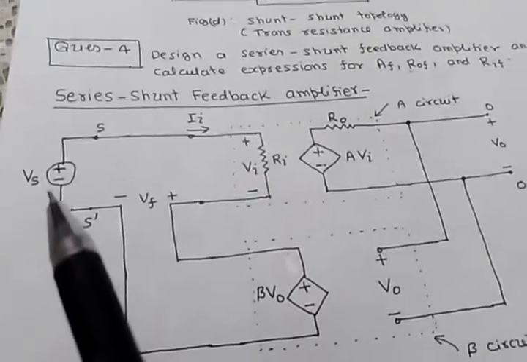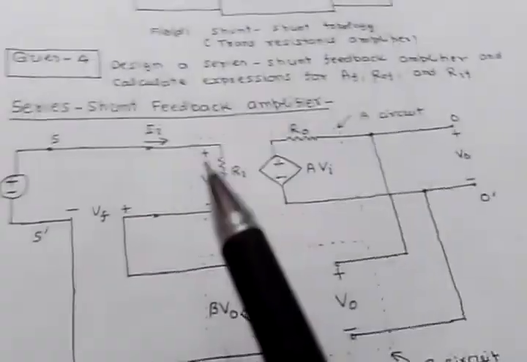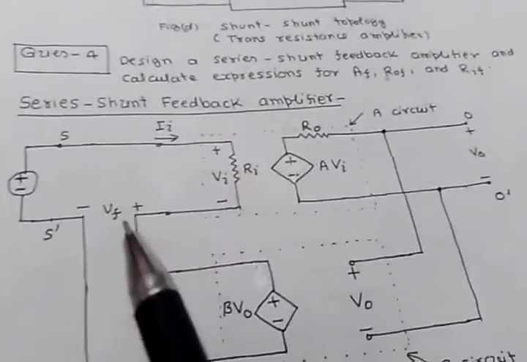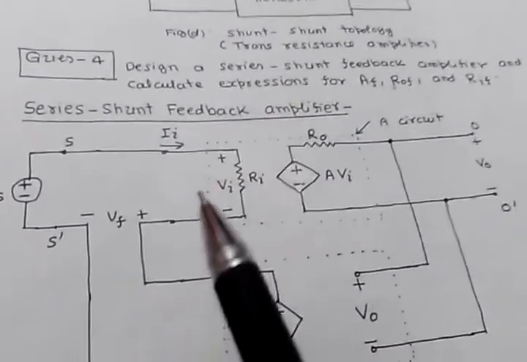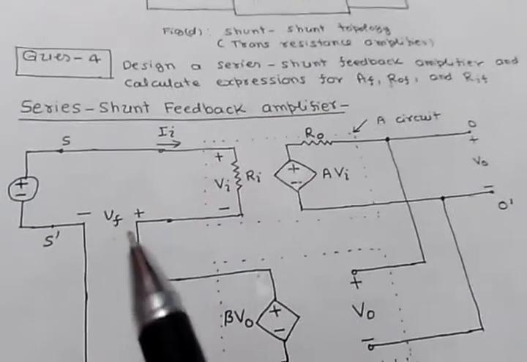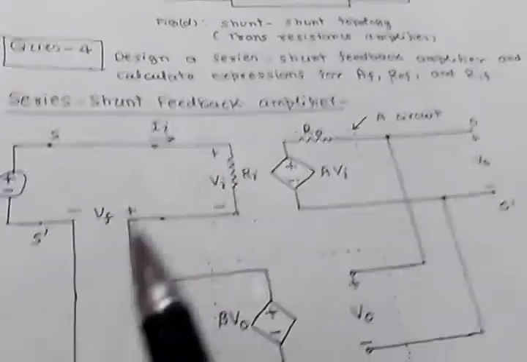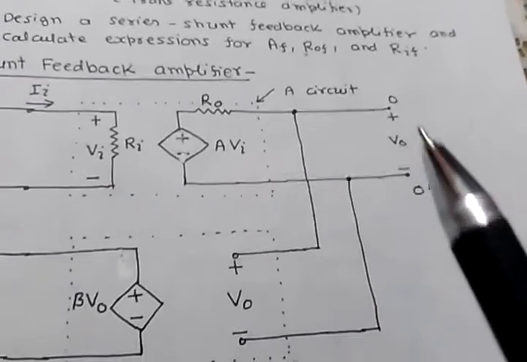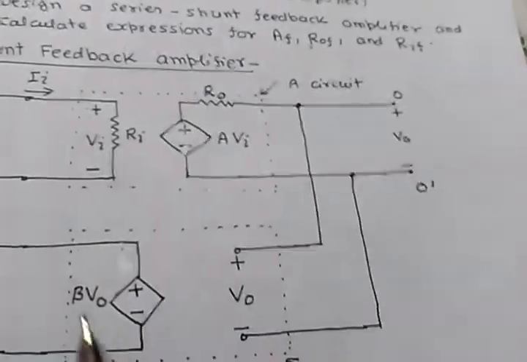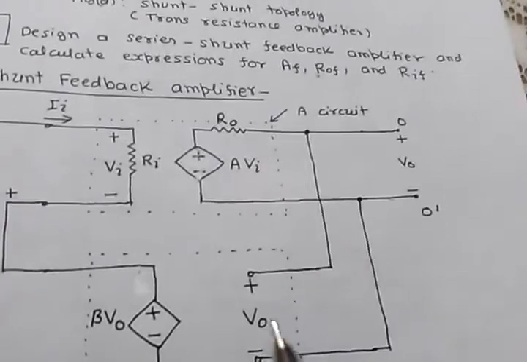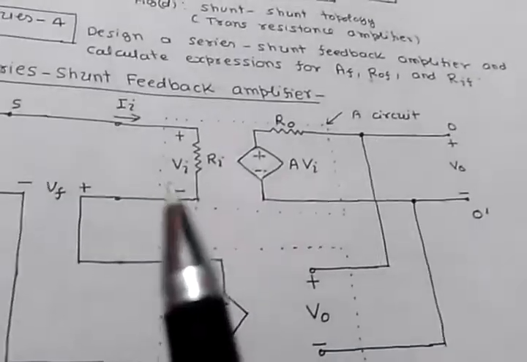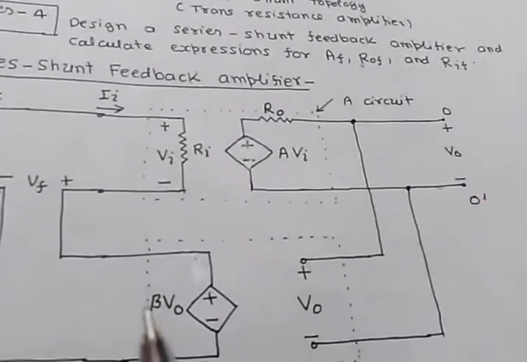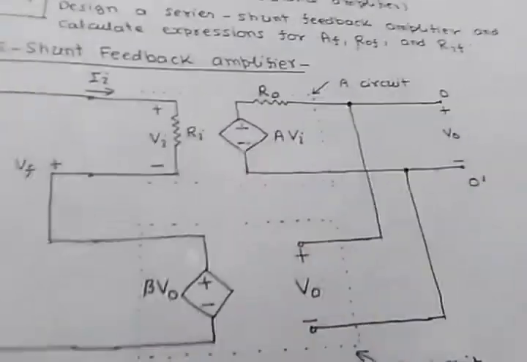When we set Vs equal to 0, Vi plus Vf will be 0, so we can write Vi equals minus Vf, and Vf is equal to beta Vo, and at the output terminal we have applied a test voltage source Vt, so Vo can be written as Vt. So in this case Vi can be written as minus beta Vo.